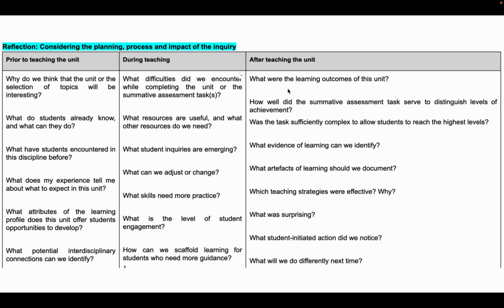The after-teaching part is very helpful when teaching the unit next year. There's definitely areas that can be improved, issues that maybe the teacher didn't anticipate in advance, and keeping a record of that reflection is very useful.